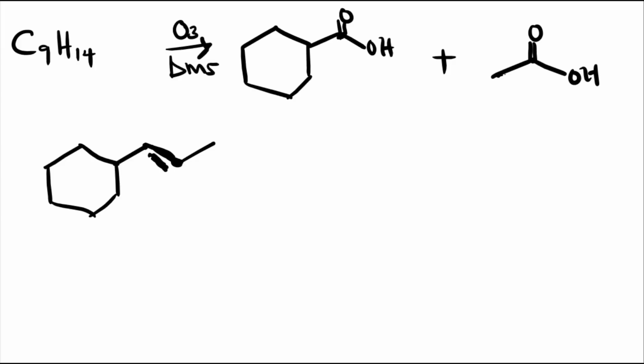If the double bond was here, then they cleaved here. Where they cleaved, they put an oxygen here. So you cut the double bond, and on the remaining part of the double bond here, you put an oxygen there. But then there are these OHs, meaning there was an OH here, and there was also an OH here.